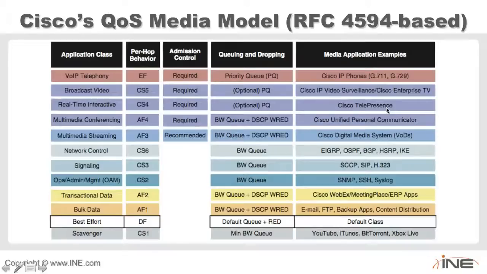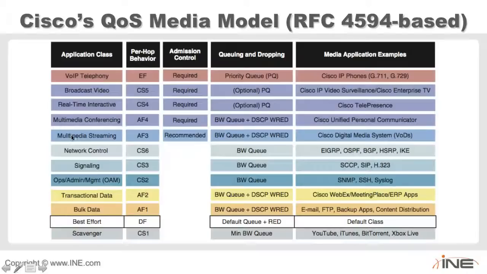Multimedia conferencing would be Unified Personal Communicator, where we have a video component. If it's just a voice-only call, then it fits with IP telephony. But if it's a video-based component, then we classify the video portion of the traffic as multimedia conference. Multimedia streaming might be things like digital media system or video on demand.